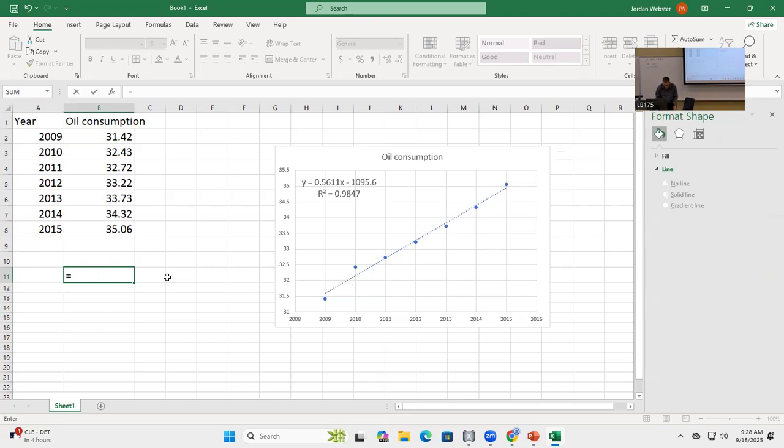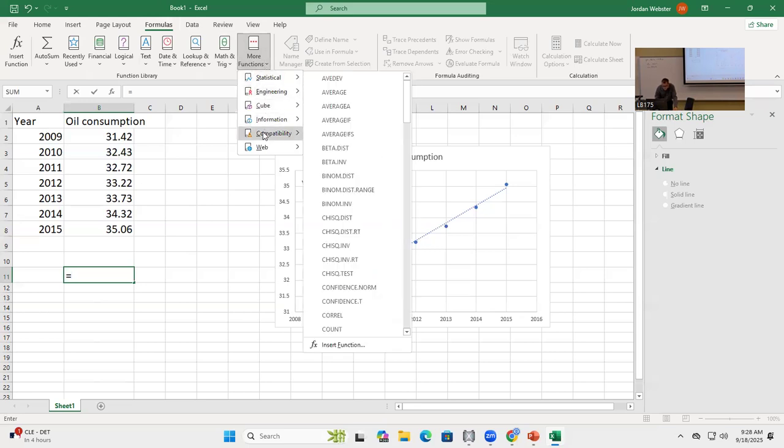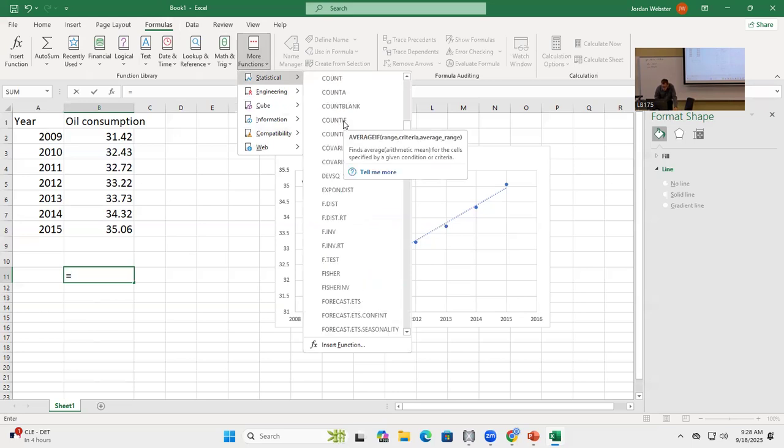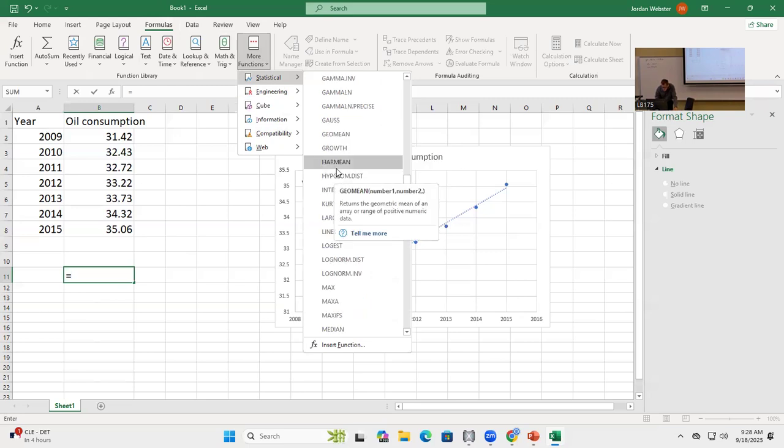I forgot how now. So you can also look up formulas. Where's the regression? Uh-oh.